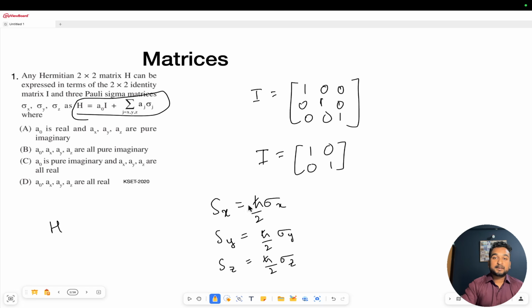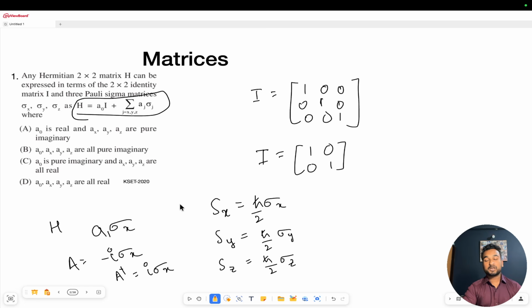You can see that if I put any complex value here, say a1 as iota or minus iota times sigma x, its dagger will be what? Iota sigma x, because sigma x is a Hermitian matrix.